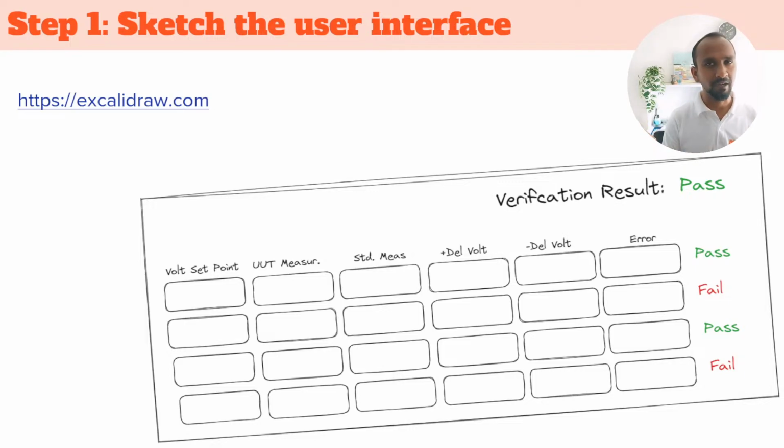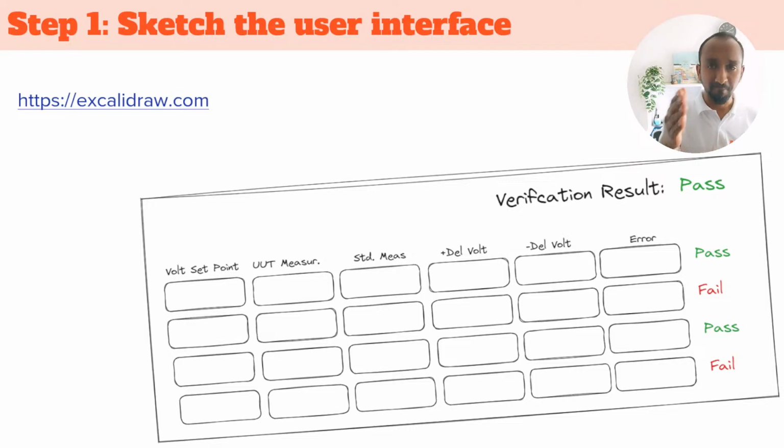You might try to draw it up on paper. I use an online tool like Excalidraw, which allows us to draw something like this. I put up the different inputs that I want to get from the calibrator while he is calibrating.